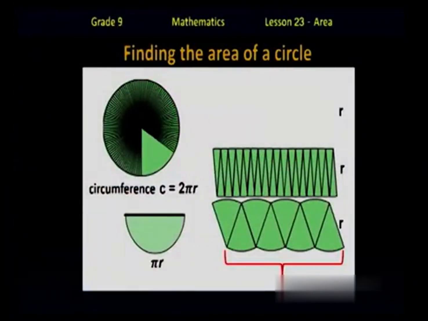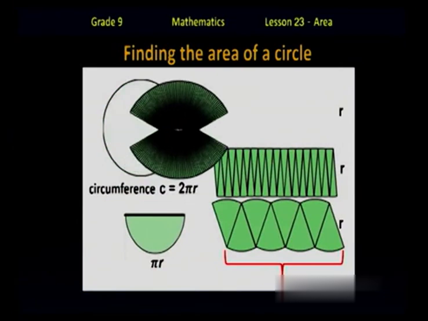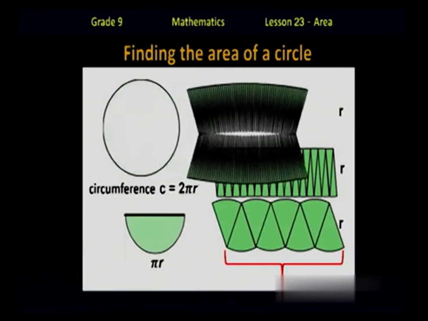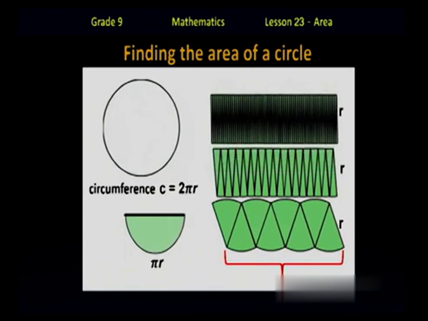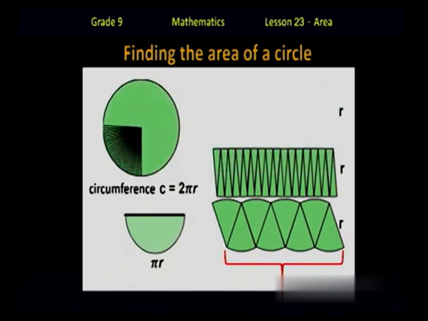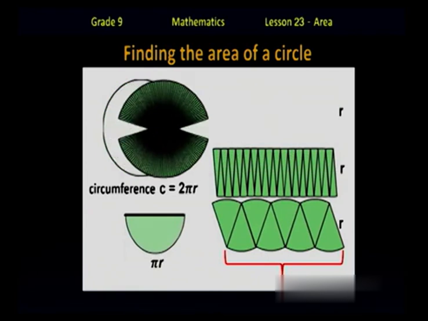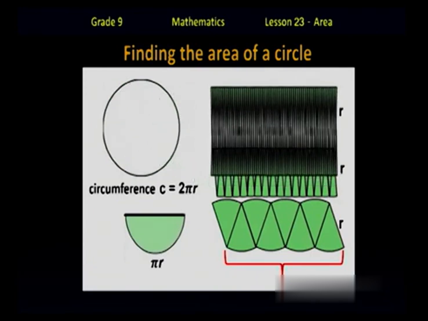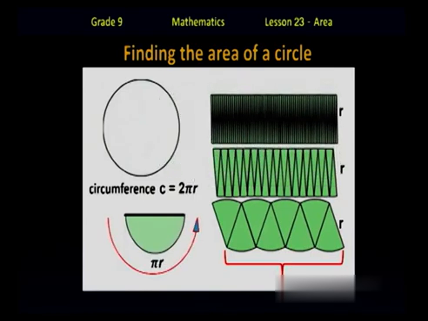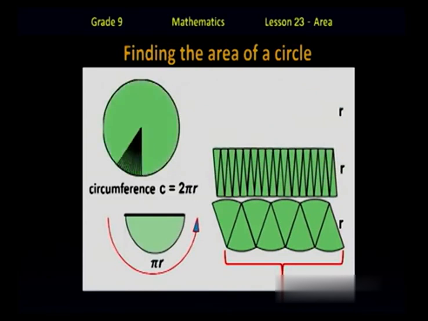It is a circle. We know circumference is 2 pi r. What is the length of this rectangle? Identify it. It is half of the circumference of the circle.